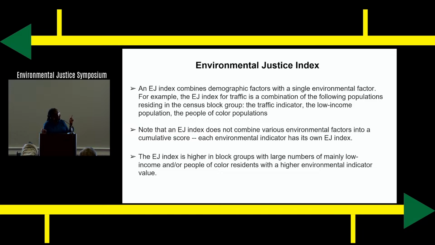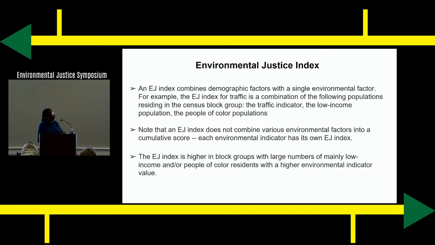It takes an EJ index, for example, lead paint or traffic in a community, and multiplies it by the demographic index of low income and people of color. Those 3 indicators together make up an EJ index.